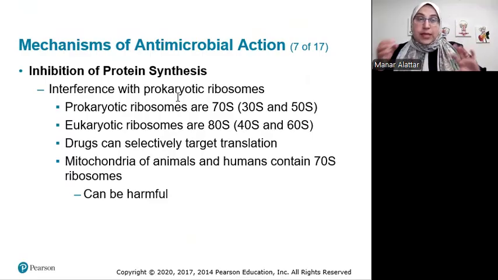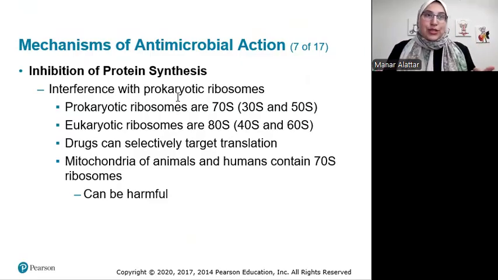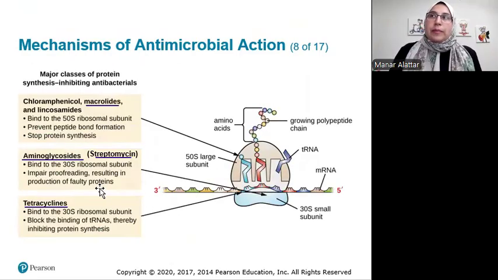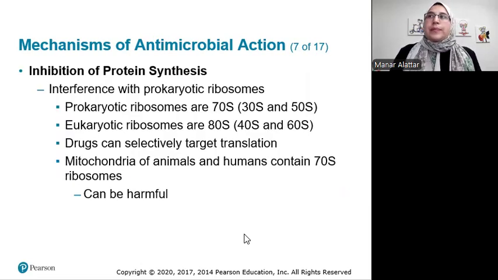And oftentimes that's bacteriostatic because that organism is no longer able to make the proteins that it needs for its functions, but it's not physically broken apart. We said there are some exceptions to that, particularly streptomycin, which actually results in faulty proteins, and that can be really detrimental to the cell.